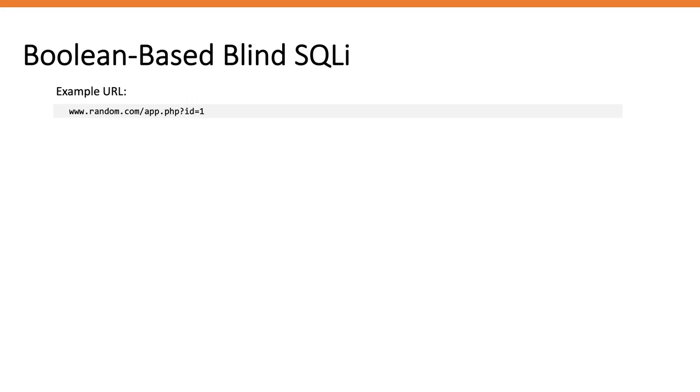So in this case, what you can try to test if the field is vulnerable to SQL injection is first inject it with a false payload. So force a payload that you know is false and see how the application responds, and then force a payload that you know is true and see how the application responds. And if the application responds differently in the false payload versus the true payload, then this is vulnerable to Boolean-based blind SQL injection.